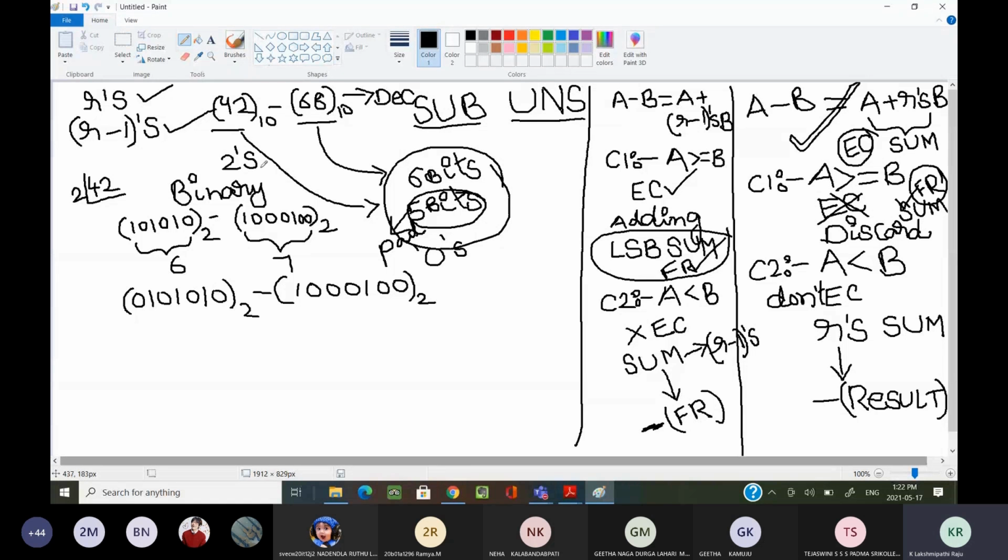Our numbers are in the base 2 number system, so we have to calculate the 2's complement subtraction and give the final solution. Now what is the 1's complement here? 0111011. This is my 1's complement number. I need to add 1 to this number.